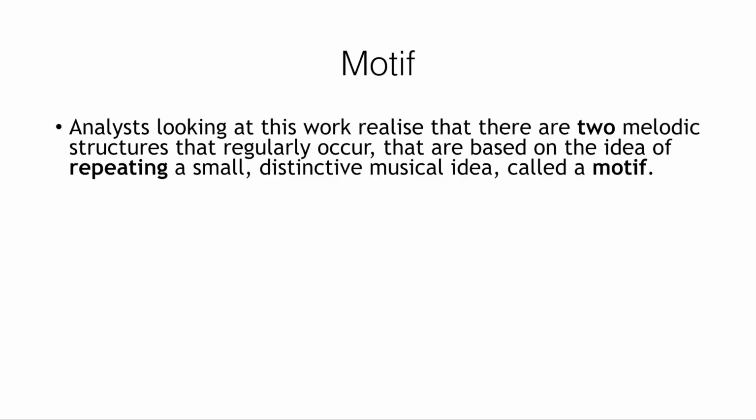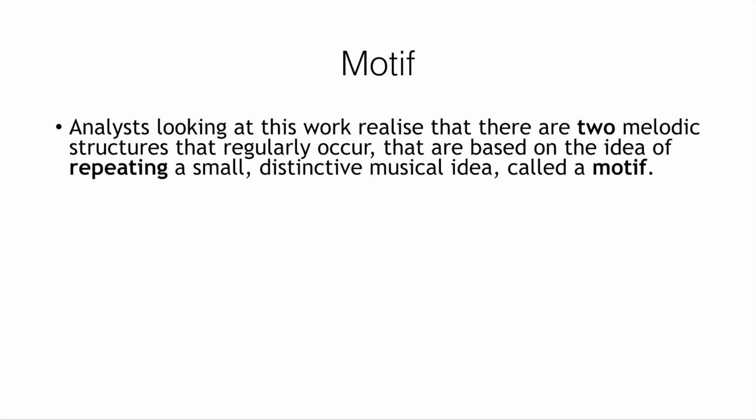People who have looked at music over the years realize that often there are two types of melodic structures that occur over and over again. And these are based on the idea of repeating a small, distinctive musical idea, which we've called a motive.